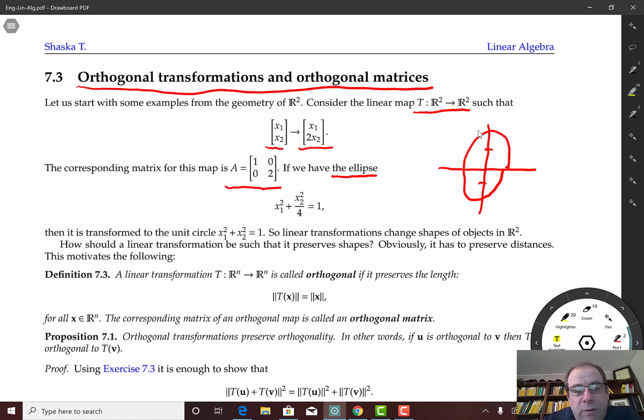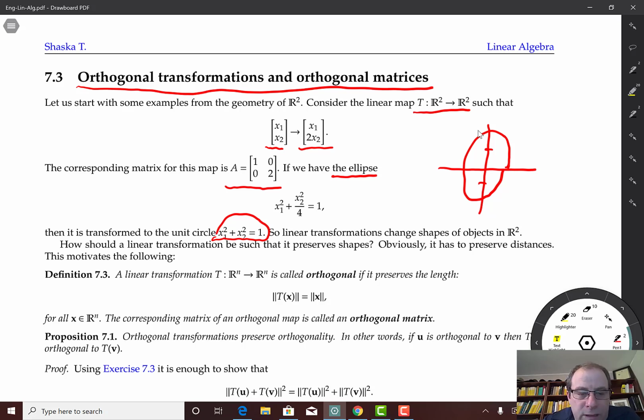So now if we see what happens to this ellipse under this transformation, x1 is replaced by x1 and x2 is replaced by 2x2, right? So 2x2 squared becomes 4x2 squared, and the 4 is cancelled, so we get something like this, okay? So this thing is now a circle. So the ellipse became a circle under this transformation.